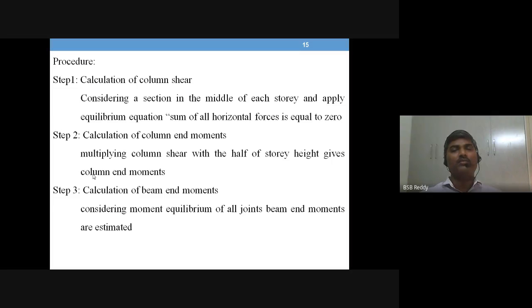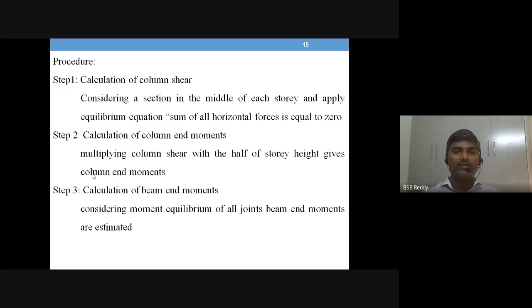So, this is the procedure which was discussed in the earlier session. The calculation of column shear comes first. The reason to start with column shear is that you have an assumption on the column shear relation: interior column shear will be twice that of the exterior column shear.